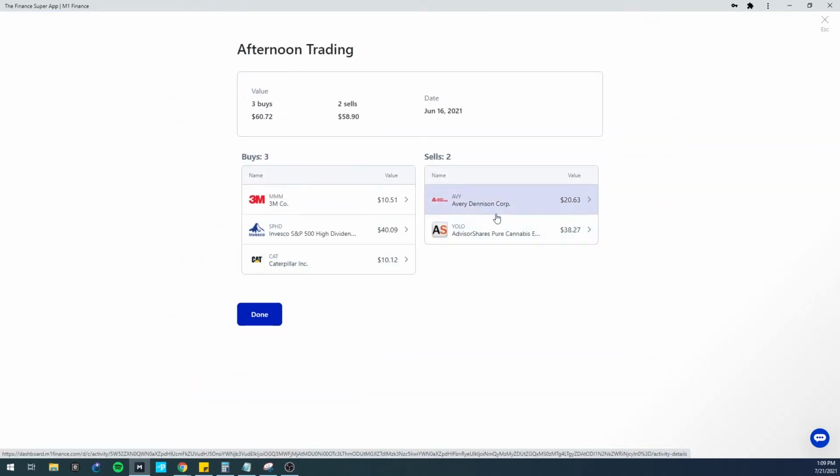Yeah, these were just positions that I was getting out of. I wasn't feeling really too comfortable. I believe Avery Dennison, if I'm not mistaken, they may have lowered their dividend yield. I'm not sure. But anyways, I got out of that position, so that's why the sell there.